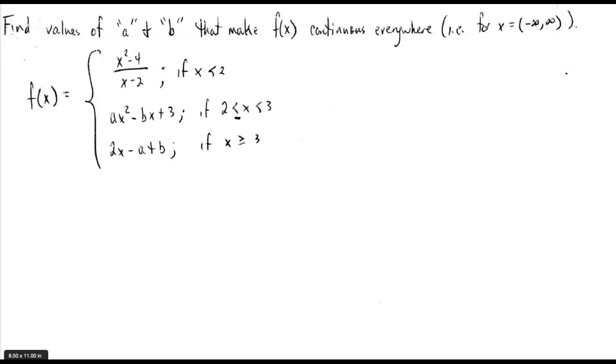Now, if we look at this piecewise function, since we don't know what a and b are, this could be anything. And so because of that, the combination of a and b values that we could use could come up with a myriad of possibilities of what this piecewise function would look like.